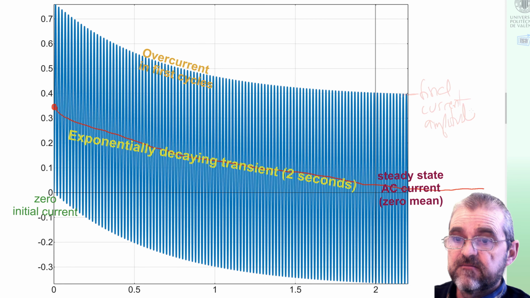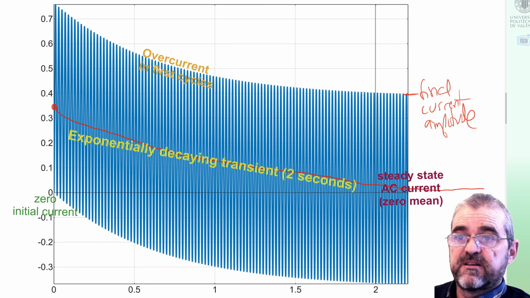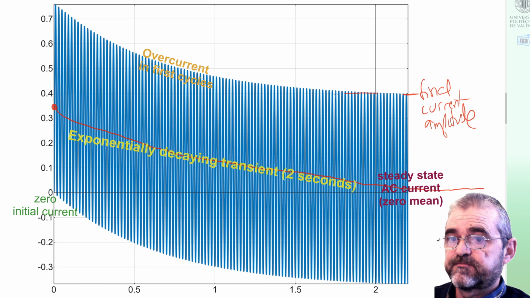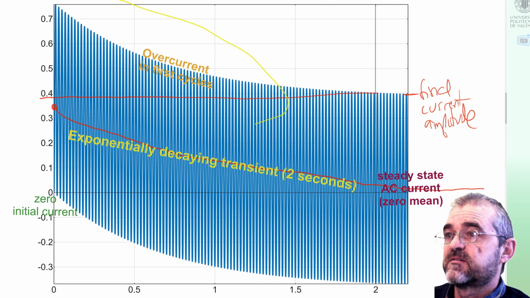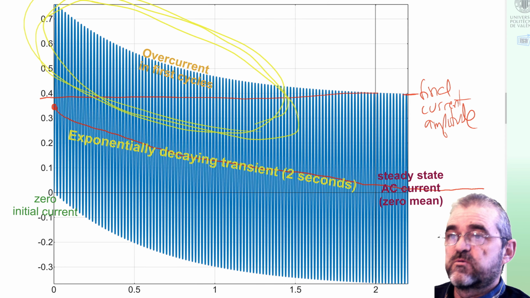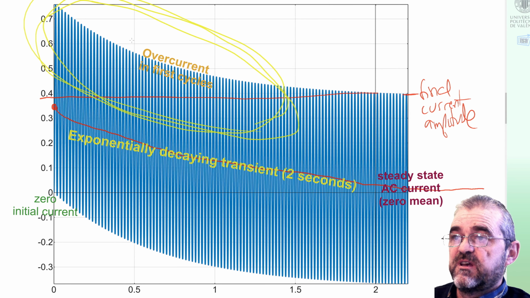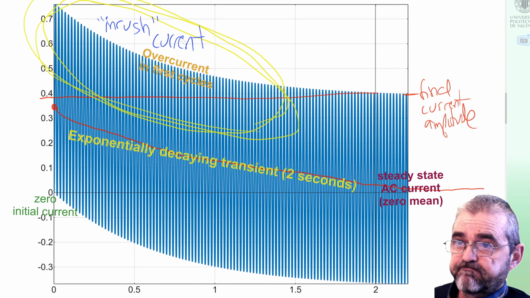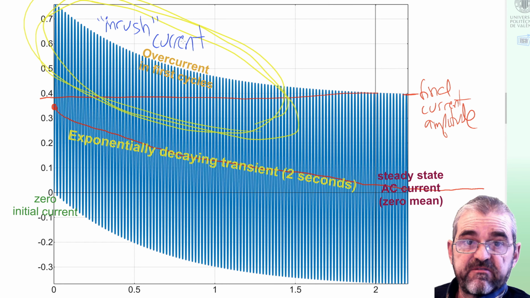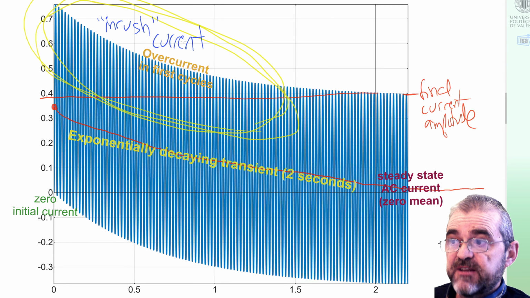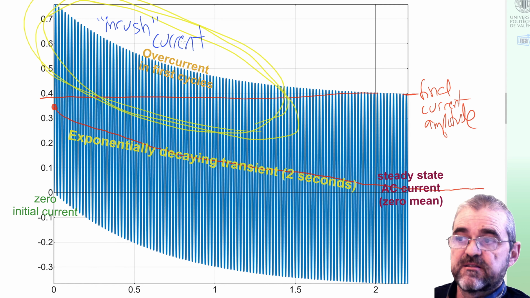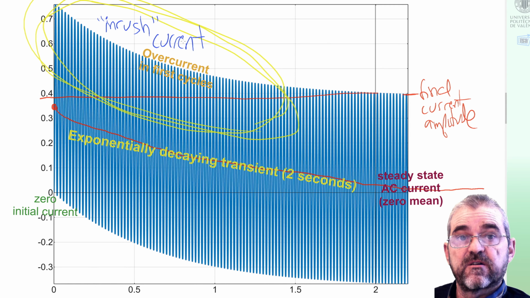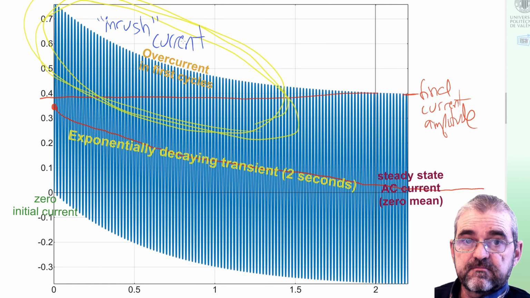But as you can see, this is the final current amplitude, but we have an initial phase, this one, in which we have the inrush current phenomenon, in which we roughly double the initial current compared to that of the final current predicted by the impedance.